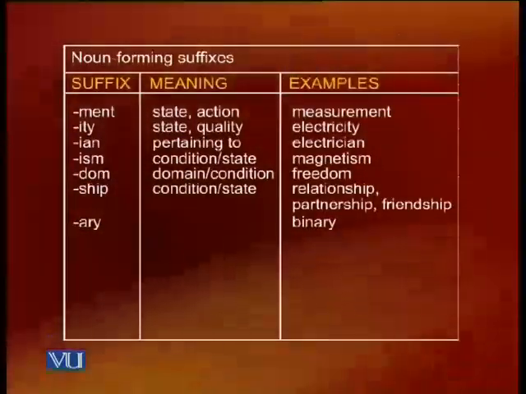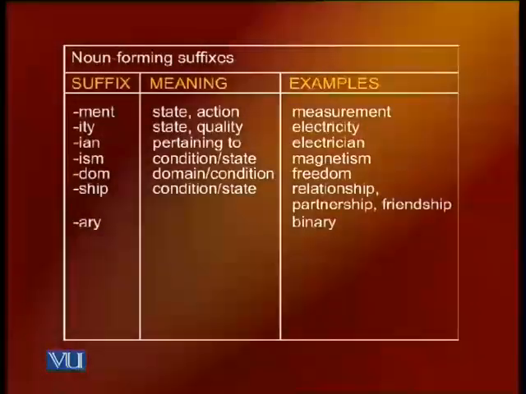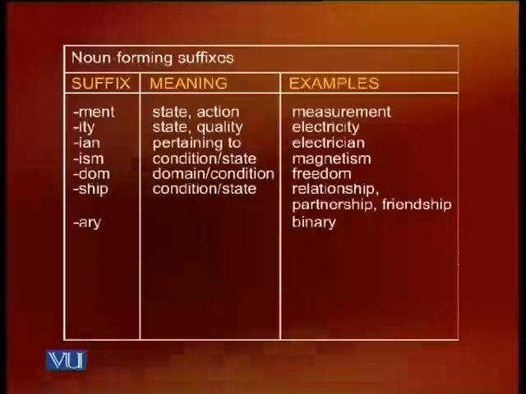Take the word magnet. You add the letters ism at the end, and it will become magnetism. In the same way, you add dom. It is again describing a condition. Take the word free. You add dom to it, and it becomes freedom.